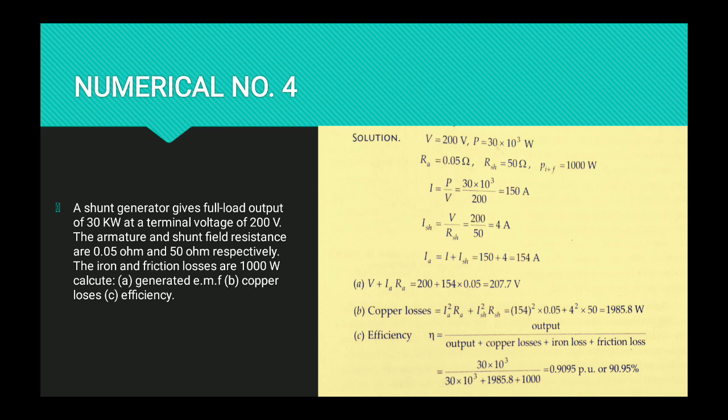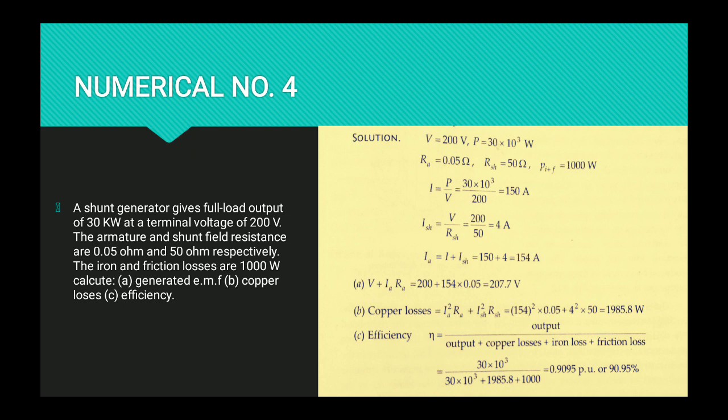The iron and frictional losses are 1000 watt. Calculate the generated EMF, copper losses and efficiency. So first is the voltage or the terminal voltage.